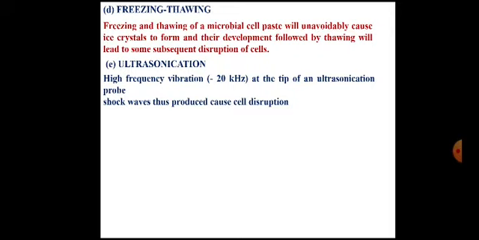This probe is just like a thermometer probe or a pH electrode probe, made of stainless steel, and it generates very high frequency sound waves, and these ultrasonic sound waves are responsible for the creation of shearing conditions.